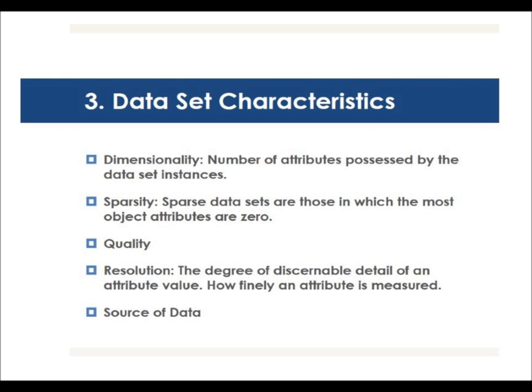So the characteristic is first, dimensionality. Do you know natural language processing is one of the most successful data mining things? In language processing, we got the documents. How does the computer compare two documents?